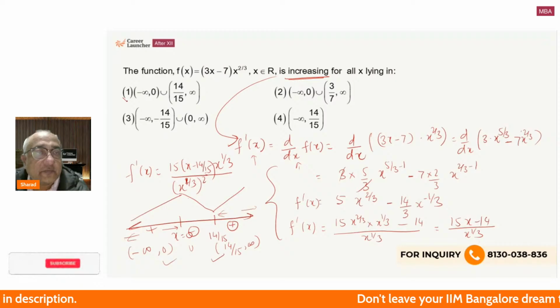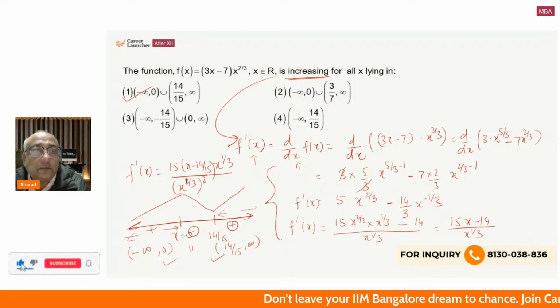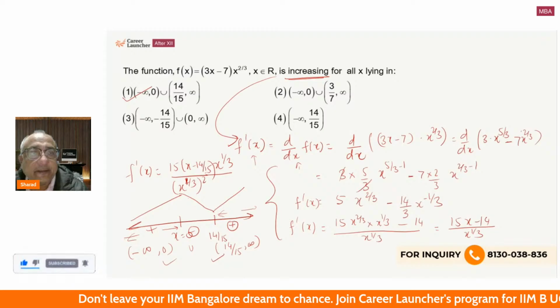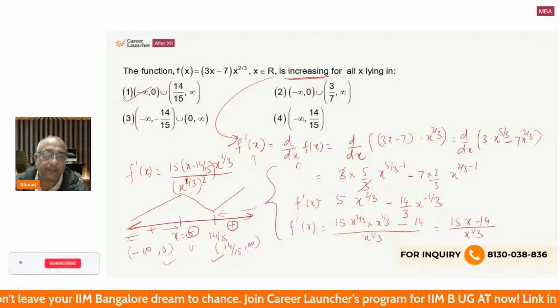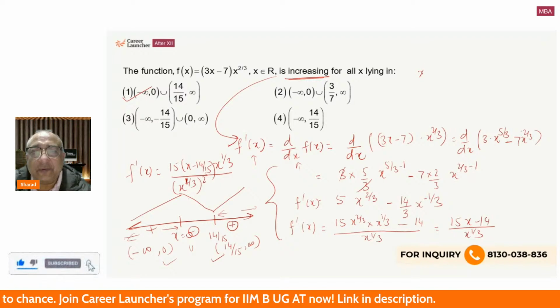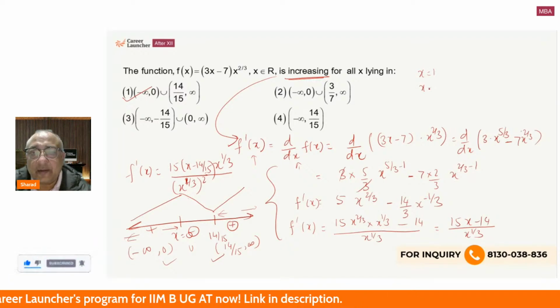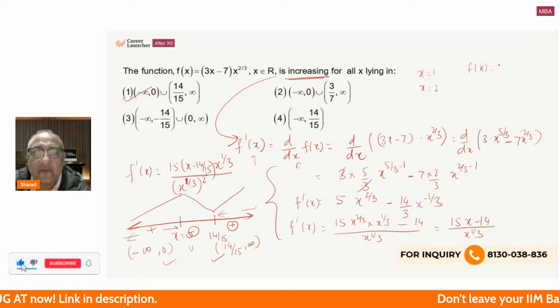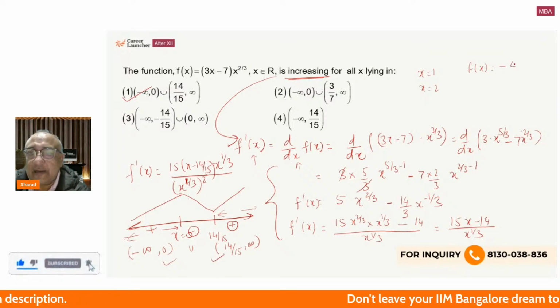where these values are. So my term is increasing consistently, right? If we have to put some values, let's put x is equal to 1 and x is equal to 2 to find out. If I put x is equal to 1, f(x) will be minus 4.